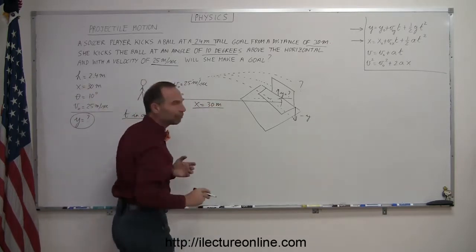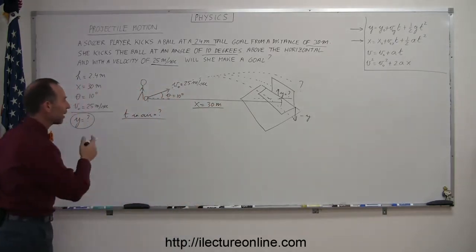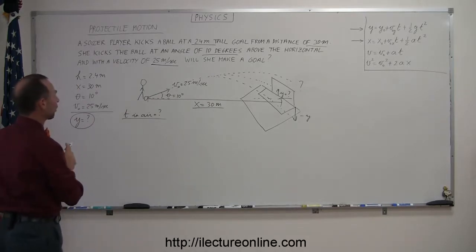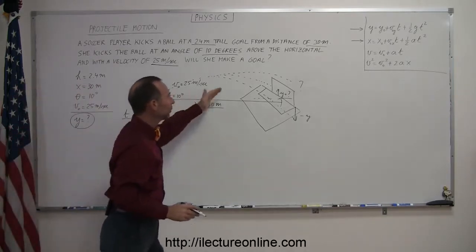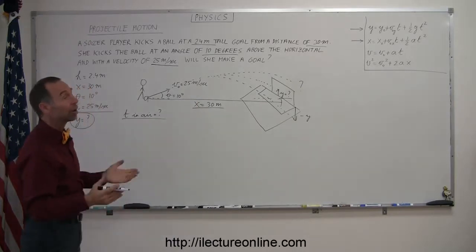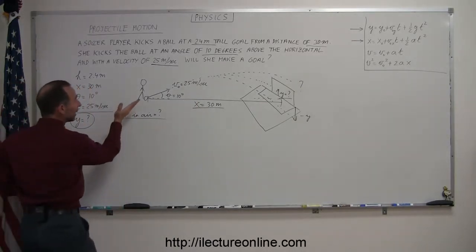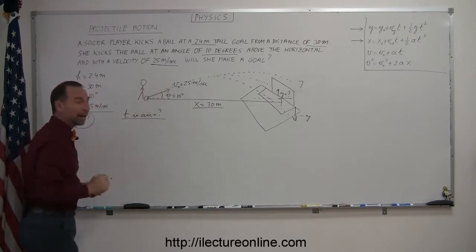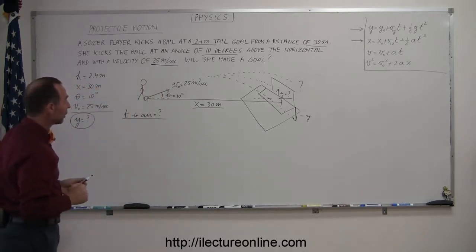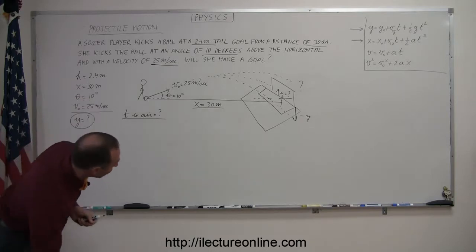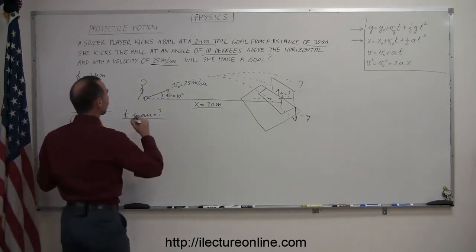So instead of using the vertical component to figure out how long it stays in the air, let's use the horizontal component. Let's assume that the ball will reach a distance of 30 meters, and how long will it take the ball to do that? Of course, since the ball is kicked at an angle, not vertically or horizontally, we need to figure out what the vertical and horizontal components are of the initial velocity.